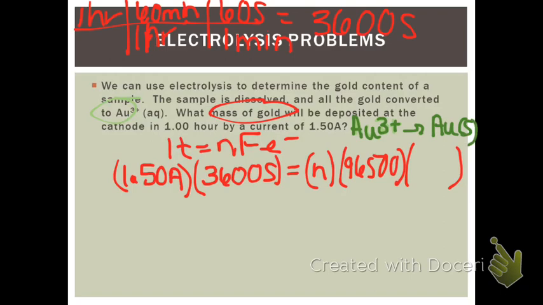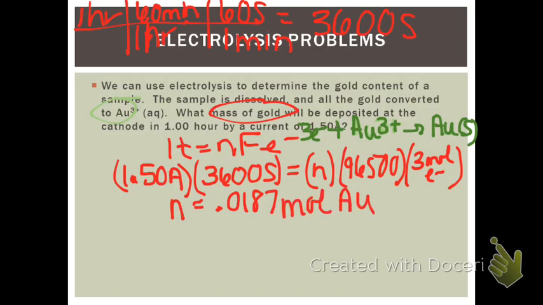So to do that, how many electrons would you need? 3 moles. That is what you have to be able to do to solve this question. So it's 3 moles of electrons. When you solve for n, I get 0.0187, and that is going to be my moles of gold. But remember, it doesn't ask for moles, it asks for grams. So 0.0187 moles of gold.